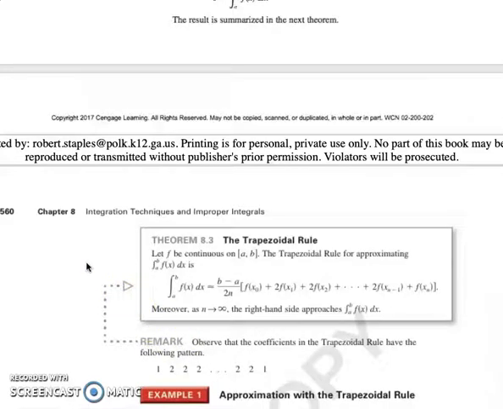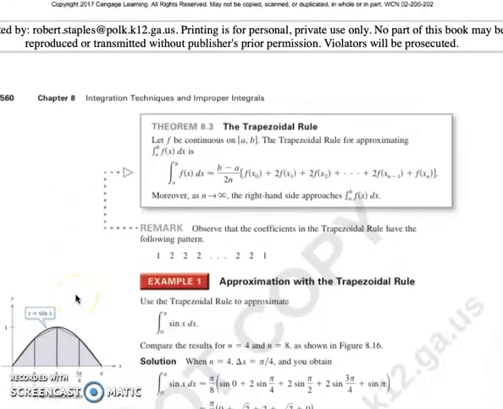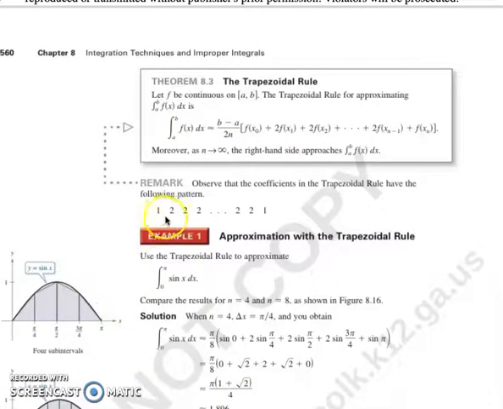If we are asked to use the trapezoidal rule, we could approximate that definite integral by remembering the rule: b minus a over 2n times the y values, the one way over on the left, the one way over on the right, and don't forget to include twice all the other guys in the middle. So hopefully that makes sense. And they're giving you a reminder here. Remember, it's 1, 2, 2, 2, 2, 2, and then 1 at the end.